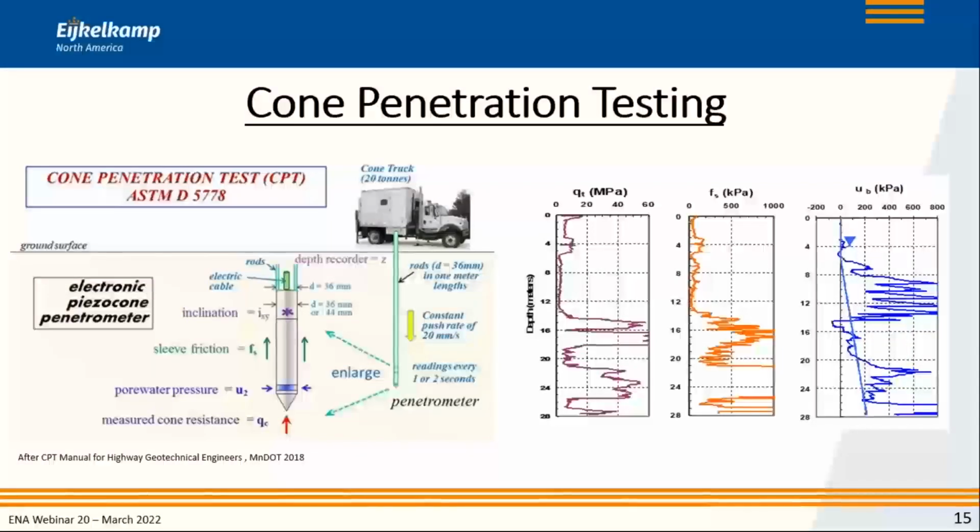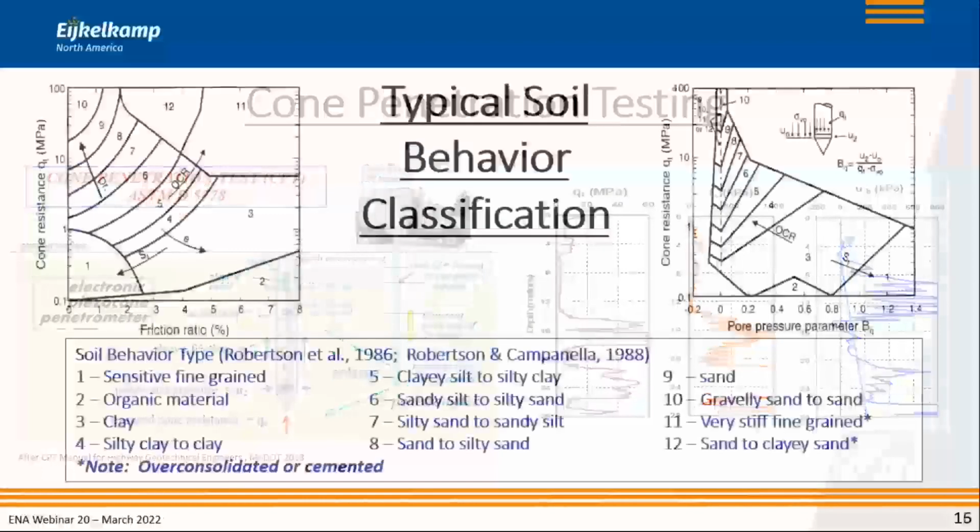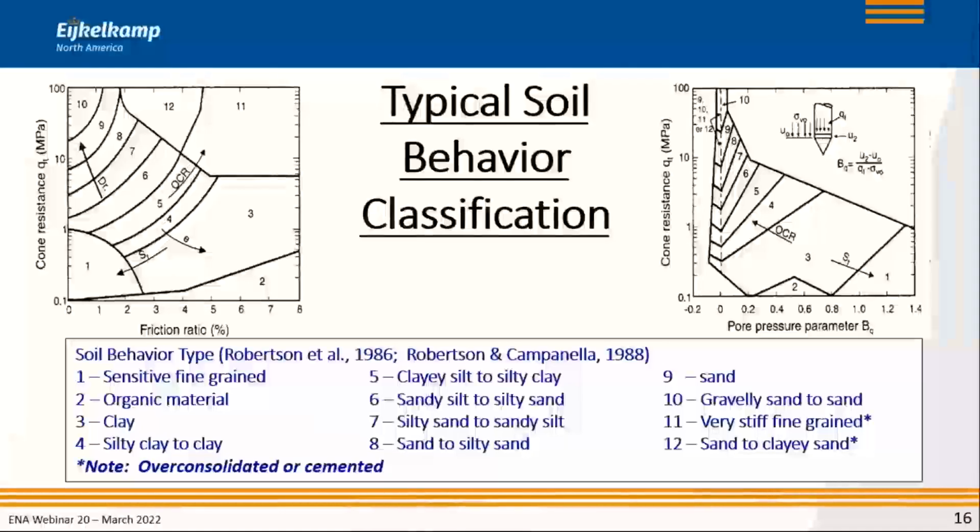But when we take the first two, you end up with a graph that you see at the top left-hand corner, where you take the tip resistance on the vertical axis and you get the friction ratio on the horizontal axis, which is nothing more than the sleeve friction over the tip resistance.